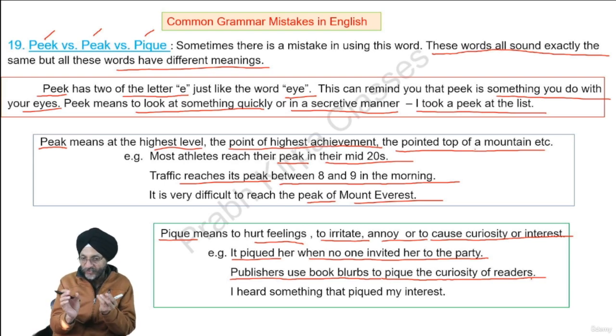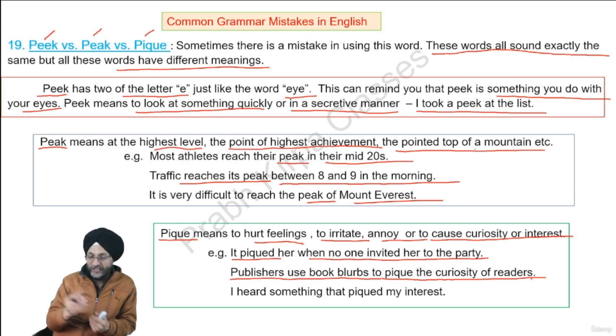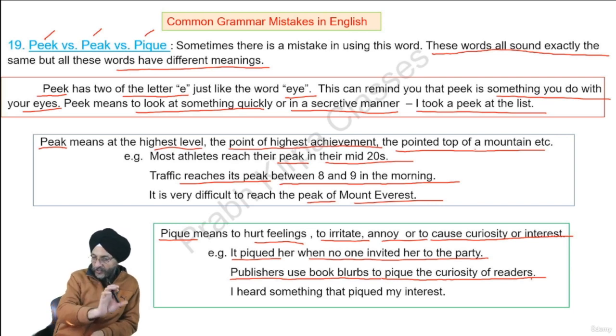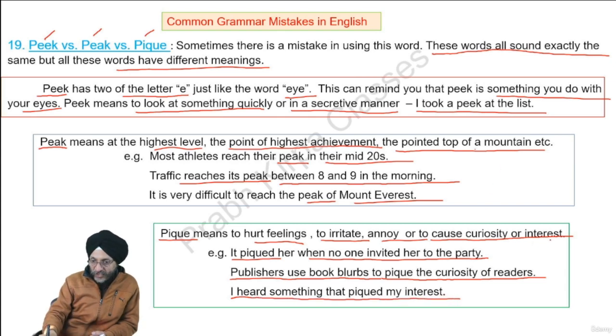That is some short story about what the book is about. I heard something that piqued my interest. Here it means to arouse curiosity.